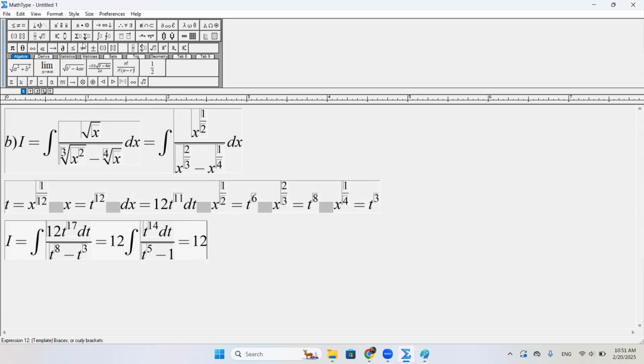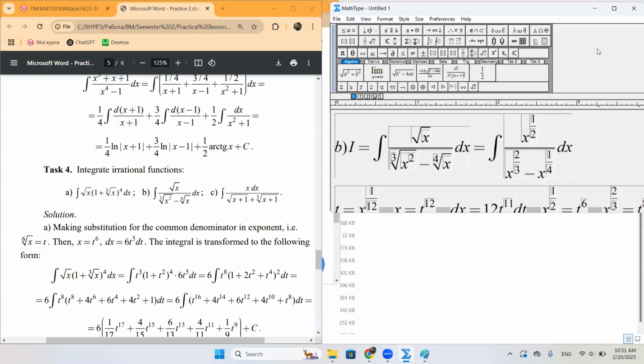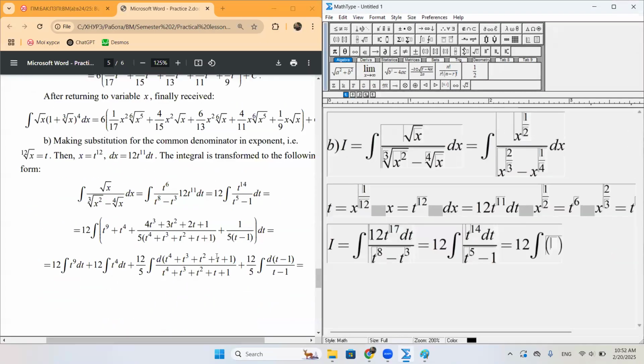So we won't calculate everything to extract the whole part. We'll just use this record that we have here.